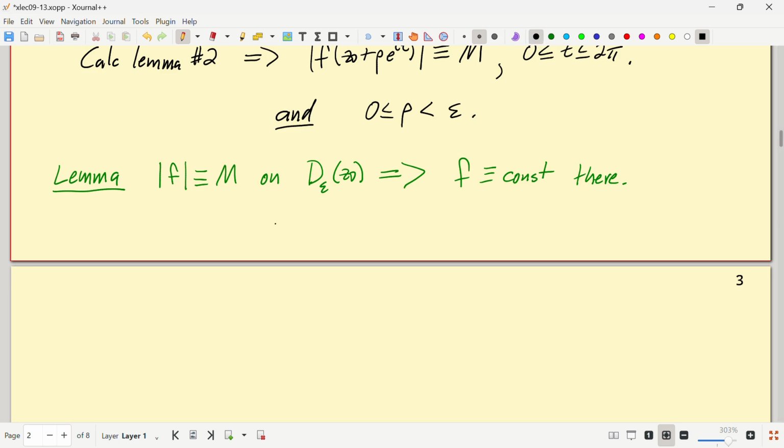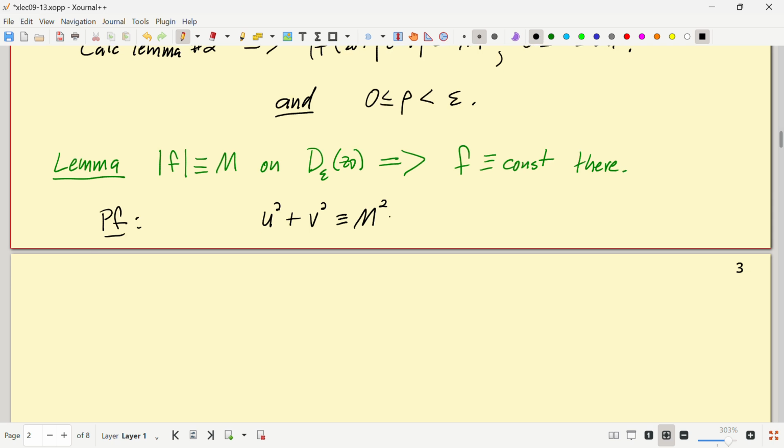So let's write f is equal to u plus iv. That means that, here's the proof, u squared plus v squared is constantly equal to m squared. Okay, if it's constant.